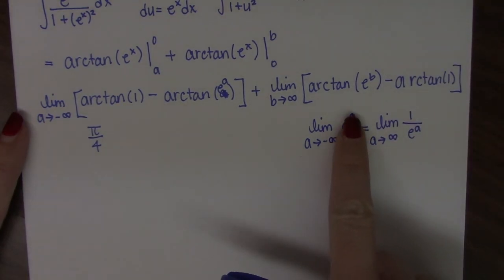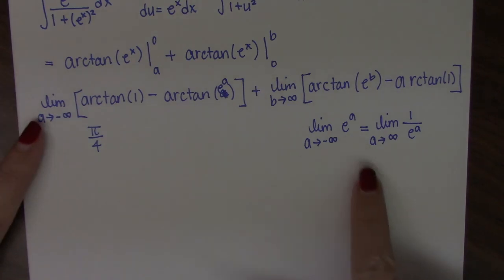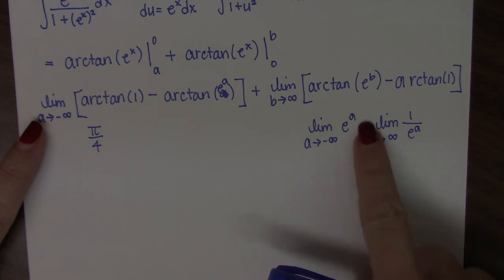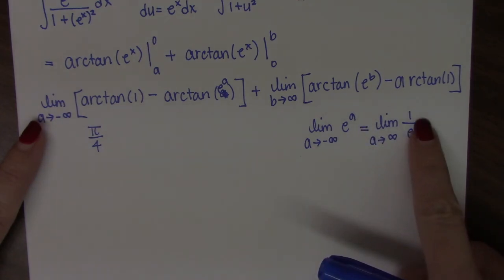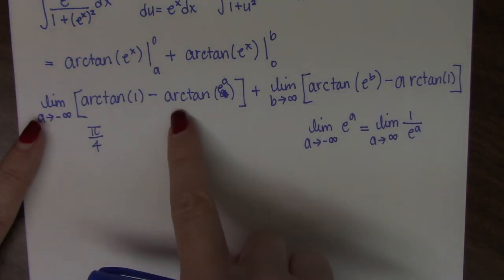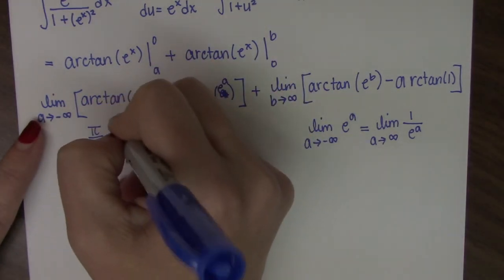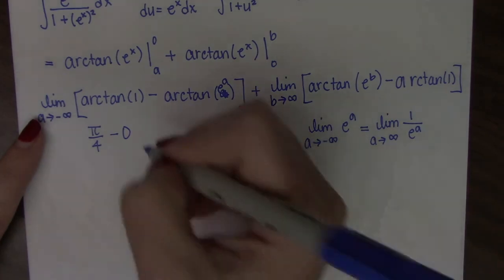Because these are going to be really big negative numbers, so it's actually going to shove e into the denominator. So you can see here that the limit of the stuff inside of here is actually going to 0. So what this is really saying is, what's arctan of 0? And arctan of 0 is in fact 0, right?